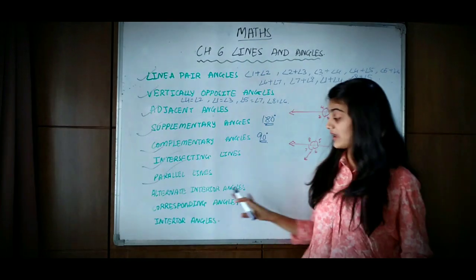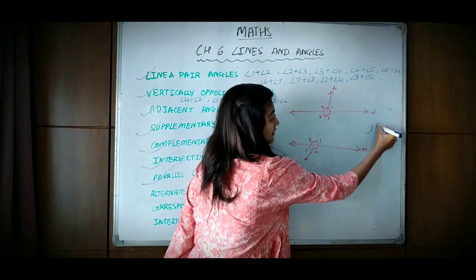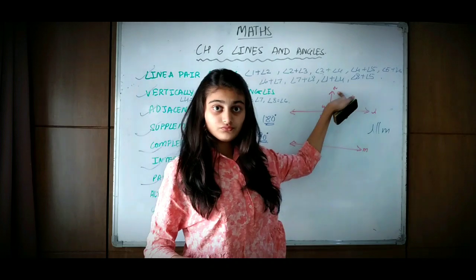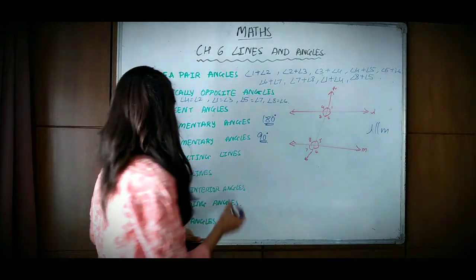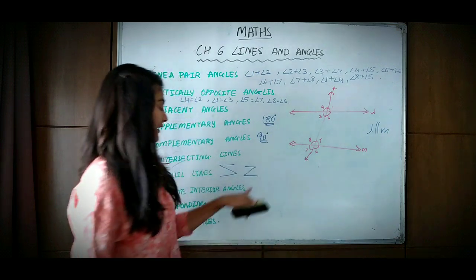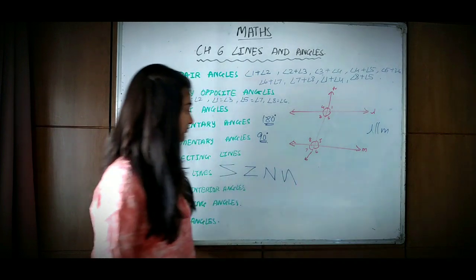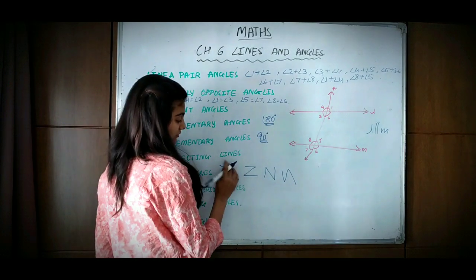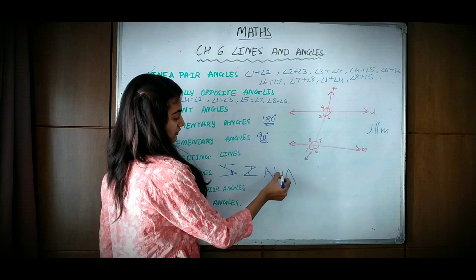Now alternate interior angles. If two parallel lines, say L is parallel to M, are intersected by any straight line, that is N, then the angles that form a Z are equal. If these two lines are parallel and this is a transversal, then these two angles are equal.